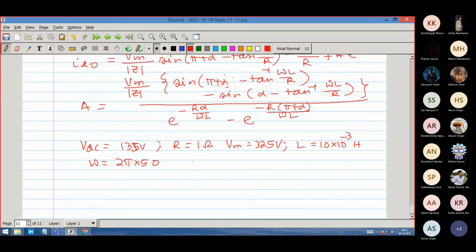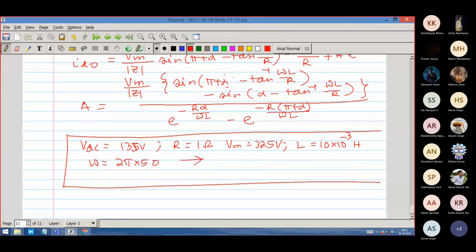In fact, if you put these values, still it is in DCM. Even if it is 135 volt, 2 Vm by pi cos alpha is equal to 146.30 volt.